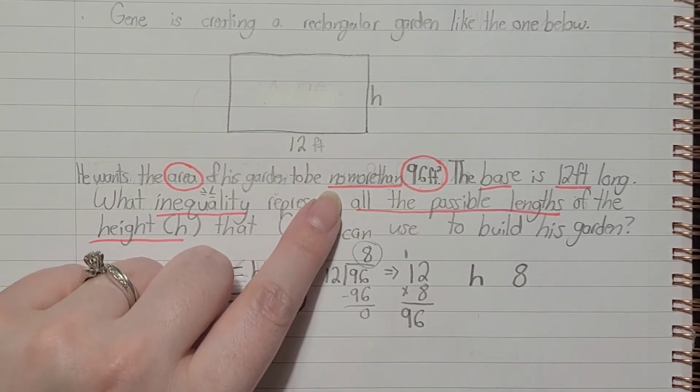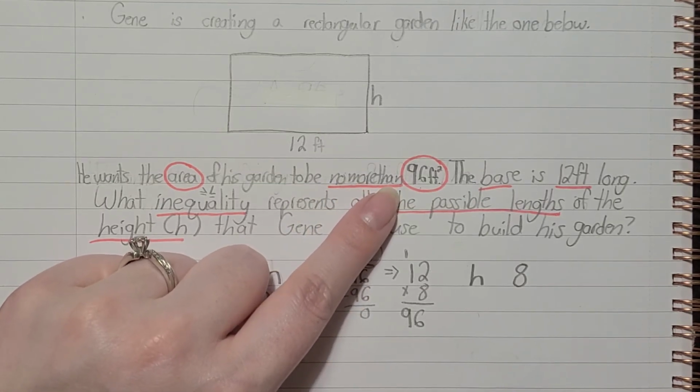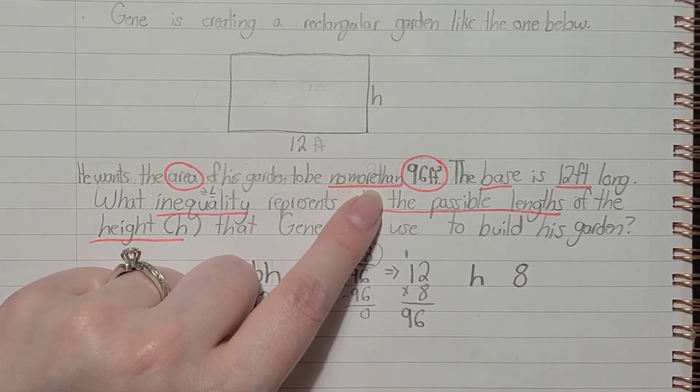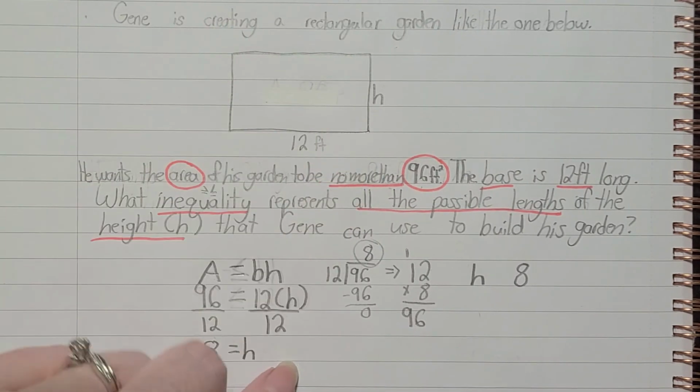But his area has to be no more than, okay? So I want you to think about what inequality sign would go with no more than. All right, if I say you can have no more than 5 tabs open at a time, you can have 5 tabs or less.